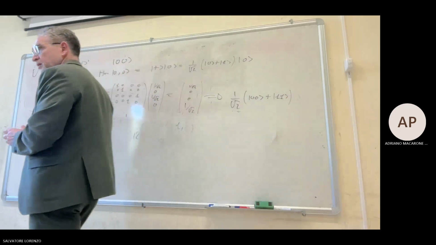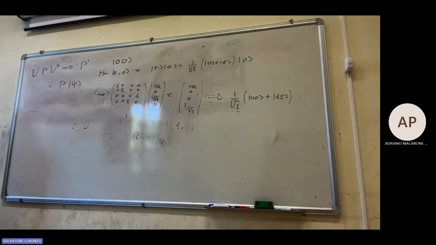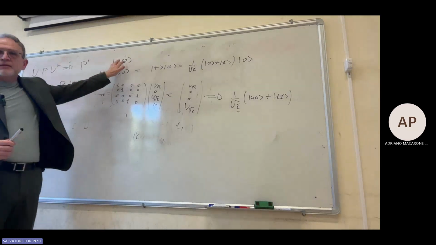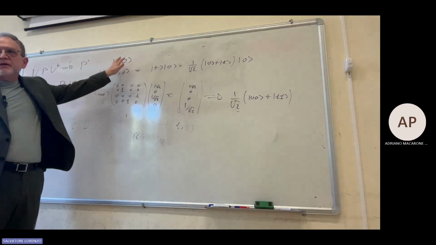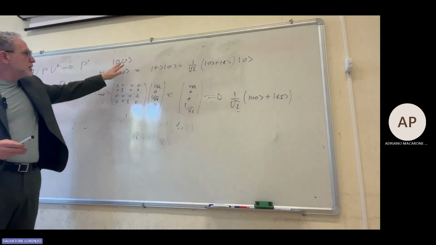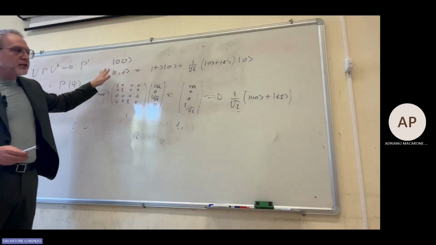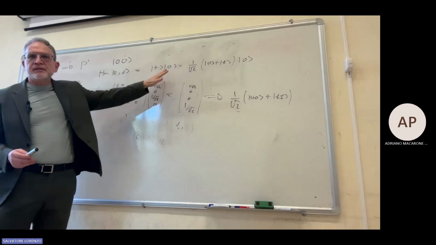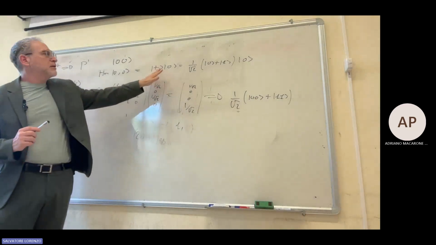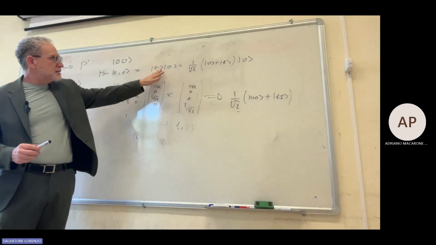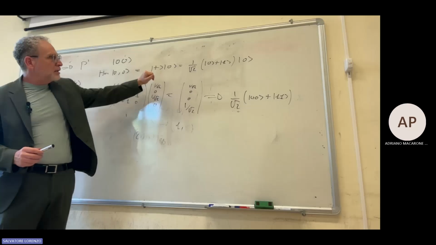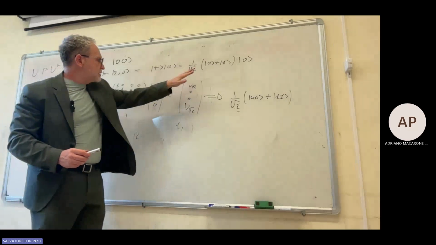So we started from a state that is completely classical, so separable, pure, whatever. We apply another gate that is a Clifford gate. We arrive in a state that is still classical, but in a different basis.